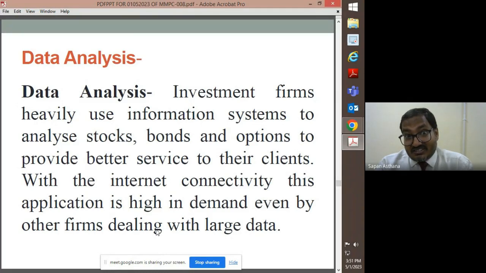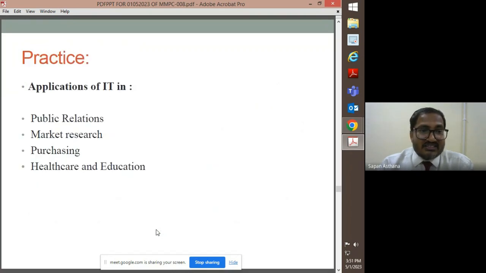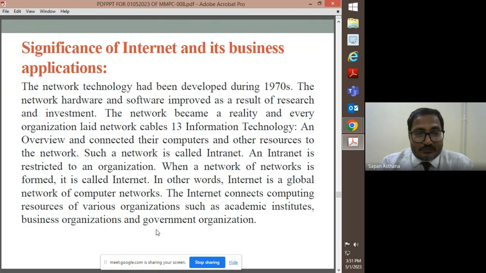Data analytics is also a very emerging field, and that is also very much backed by information technology. The information technology and its tools are very helpful in data analysis. And if I ask you what are the various applications of IT, you must reply: in public relations, in market research, in purchasing, in healthcare, and in education.